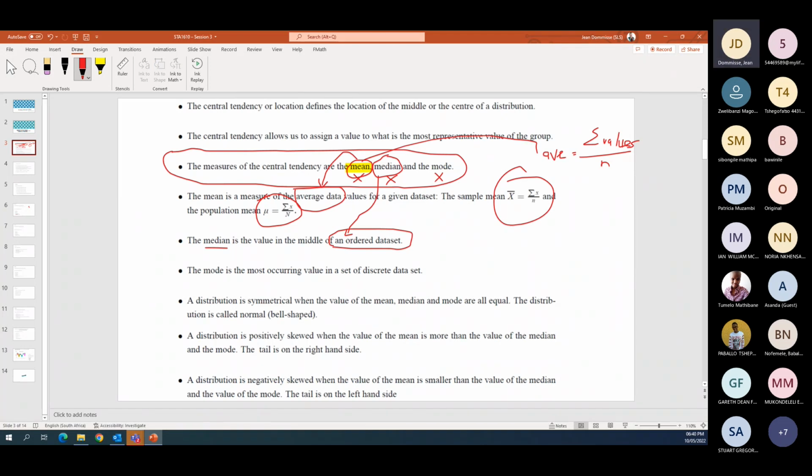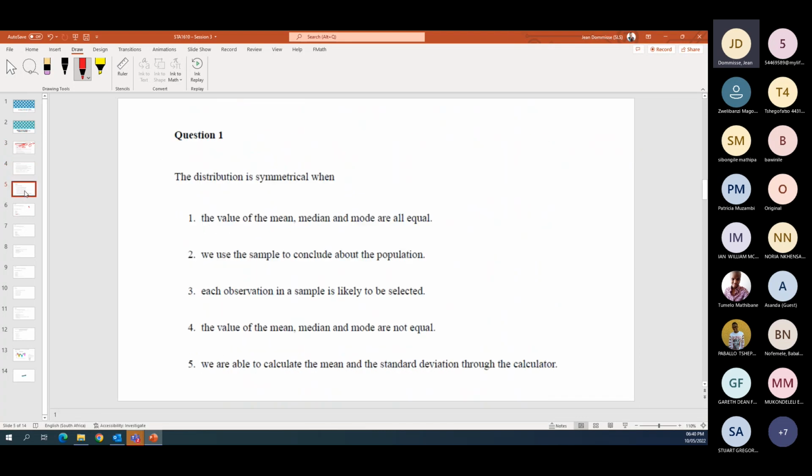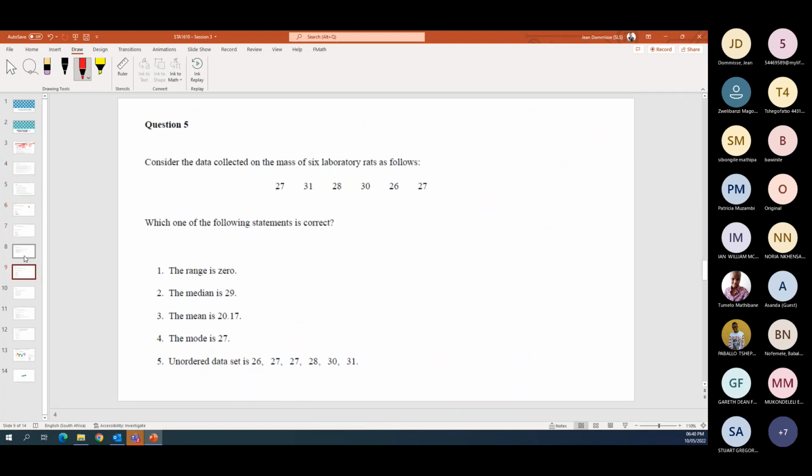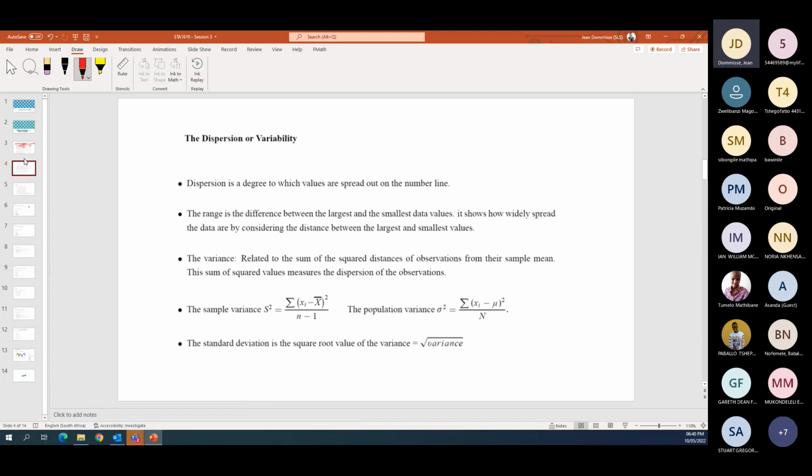Just want to see the question on the chat. Quick question, what is lower class and upper class limit and how do we find it? Okay, that is an interesting one, and I think that is supposed to be with the previous data.